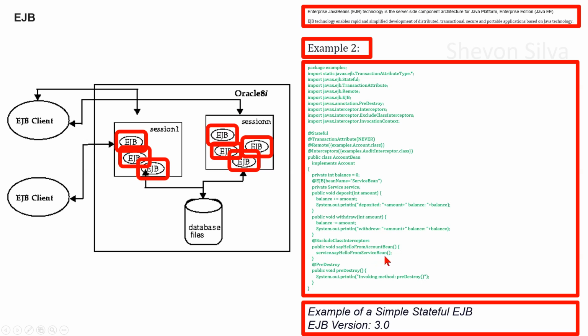The method-level @PreDestroy annotation specifies that the EJB container should invoke the preDestroy method before the container destroys an instance of the account bean. This shows how you can specify interceptor methods for both business methods and lifecycle callbacks in the bean file itself, in addition to using an associated interceptor class.